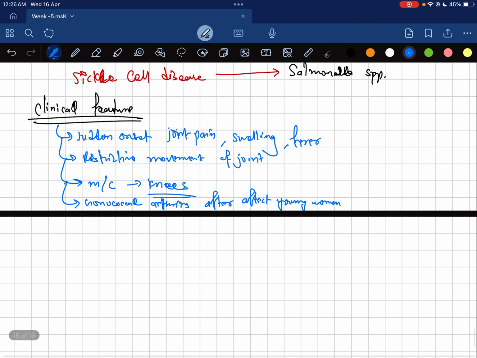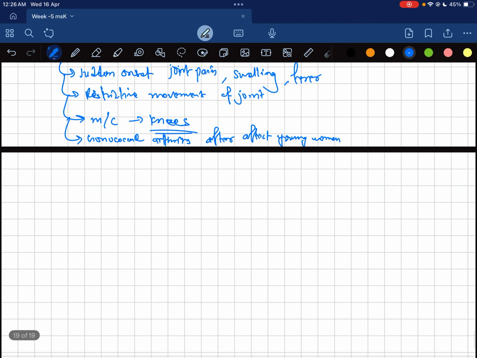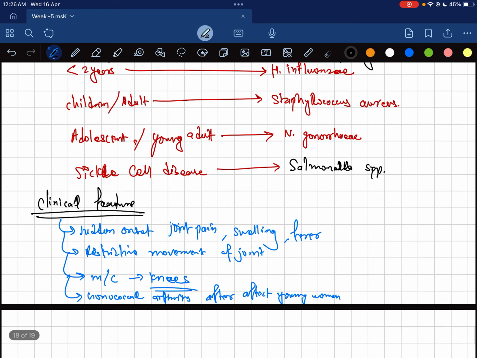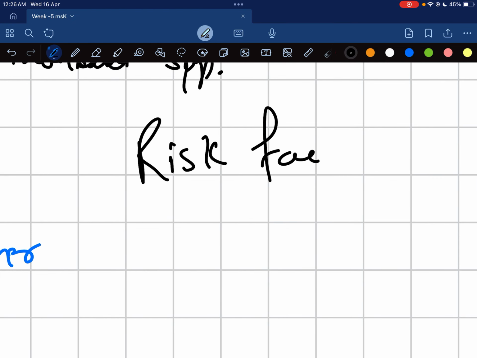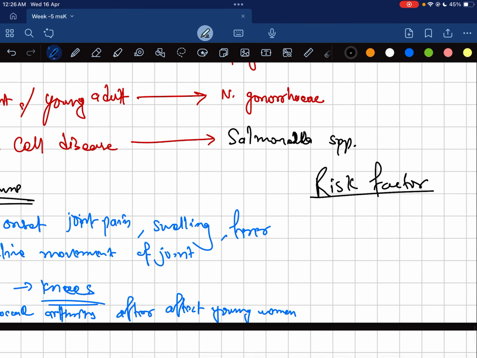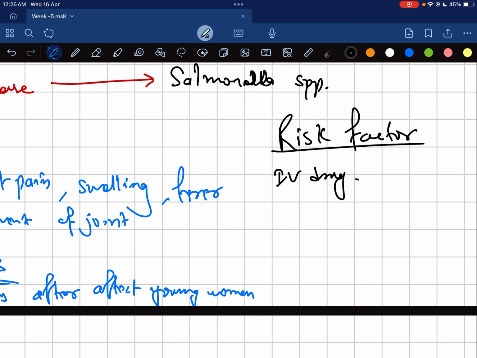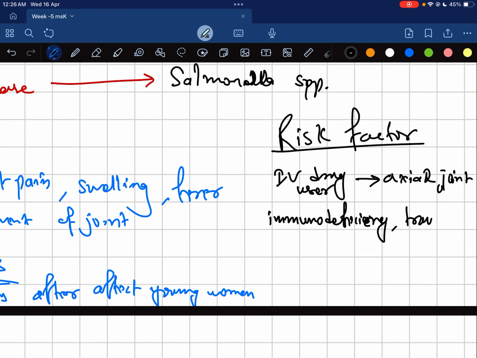When we look at the risk factors of bacterial arthritis, mainly there is IV drug use, axial joint involvement, and immunodeficiency, trauma, and complement deficiency like C5 to C9.